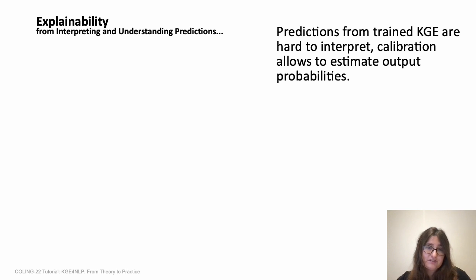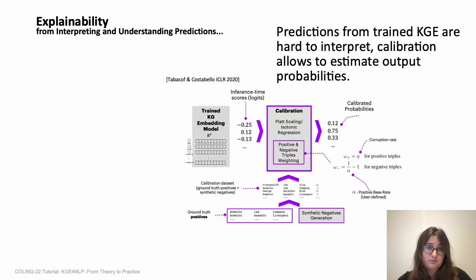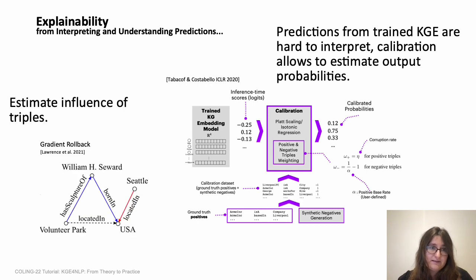Predictions from trained knowledge graph embeddings are hard to interpret on their own, and we use something called calibration to allow for estimation of output probabilities. This is done by introducing an extra component called calibration, and it helps us provide calibrated probabilities, which are more interpretable on their own.